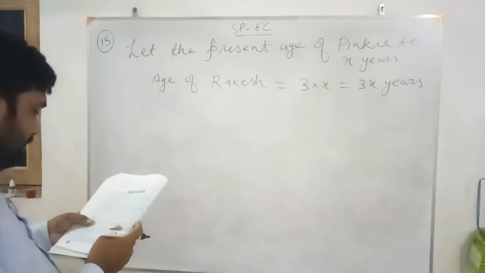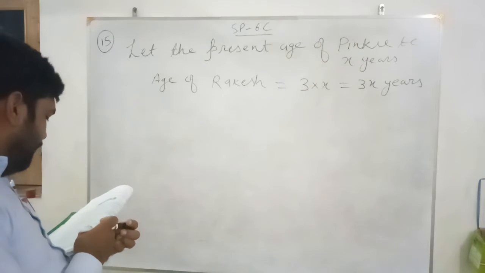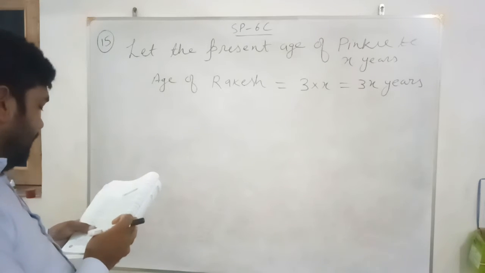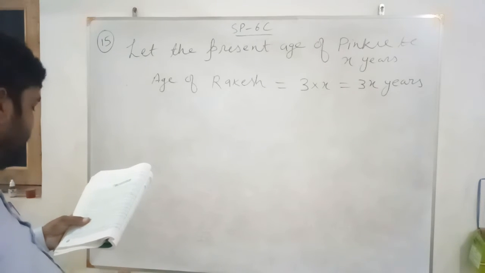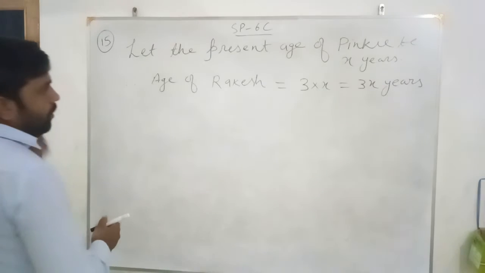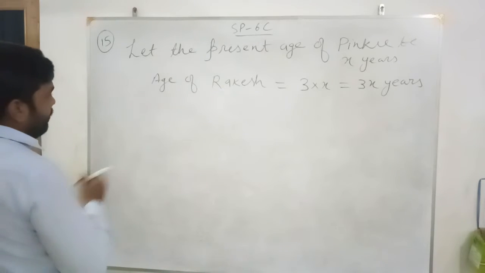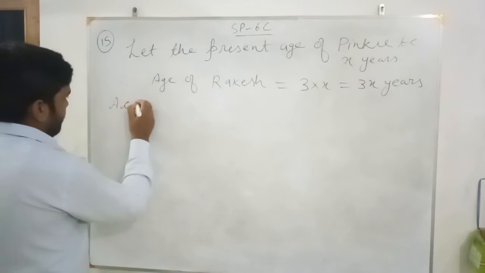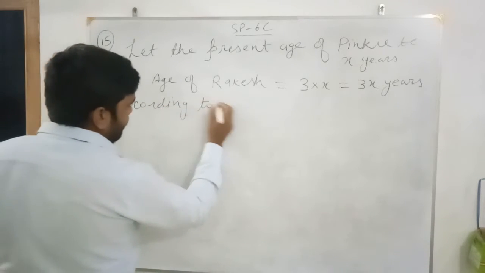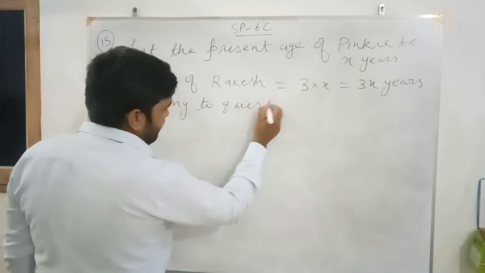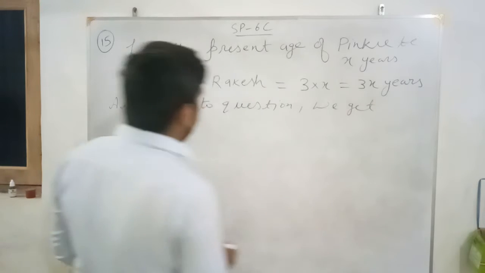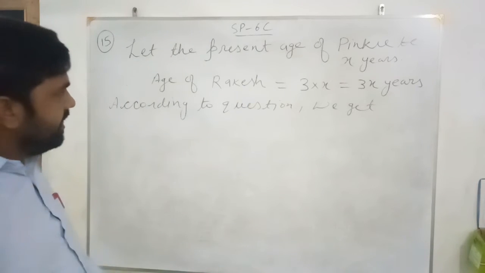Now, but in 3 more years he will be only twice as old. After 3 years, Rakesh's age will be twice his brother Pinku's age. So how old are they now? Now according to the question, after 3 years, what will Pinku's age be?